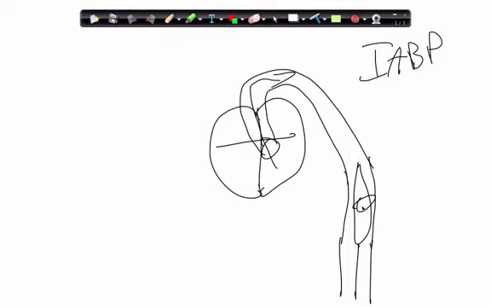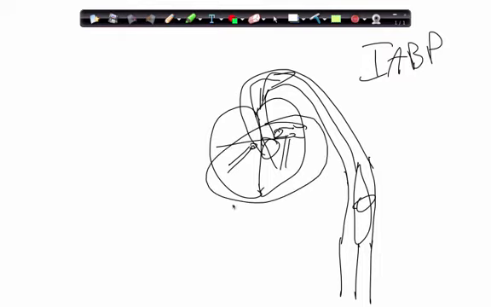It blows up from the middle and outward. What this is going to do is provide back perfusion to the coronary arteries and perfuse the heart better, making the pump more efficient. And it will assist what you have ejected and help send it further. That's what an intra-aortic balloon pump does.